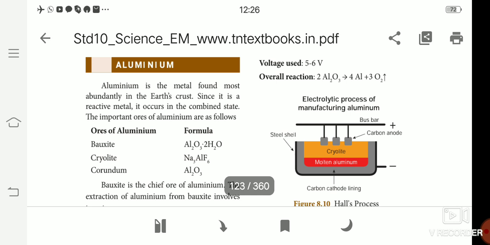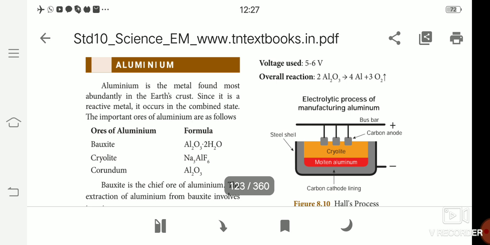Then the reaction with alkali. The alkali metals and alkaline earth metals are lithium, beryllium, sodium, potassium, magnesium. A strong caustic alkali forms the aluminate.